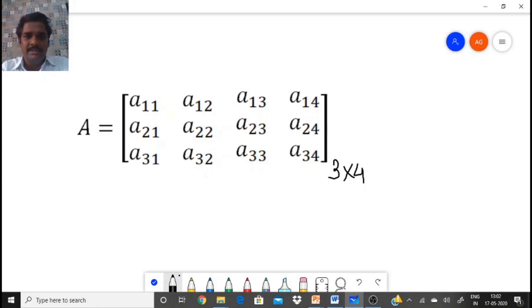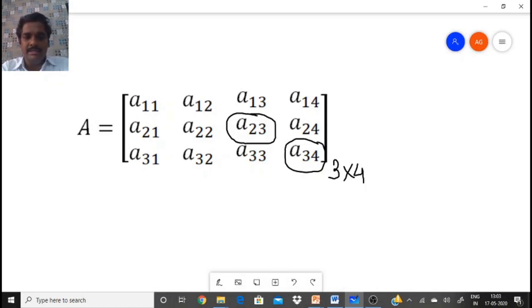For example, if I pick the second row third element, here is your second row third element, A23. Suppose I pick the third row fourth column element, so here is your third row fourth column element, A34.